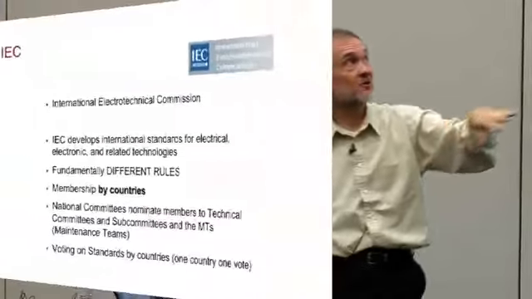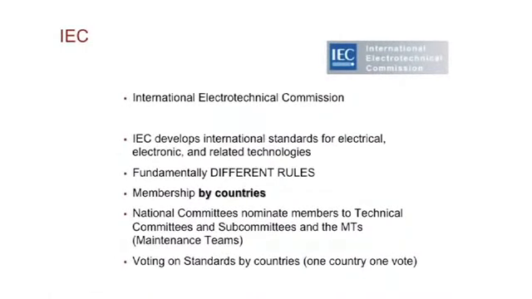So what you can do is, at best, go through your national committee if there's something in IEC that you like or don't like, or you want to be involved or you want to object. These national committees nominate members to what they call technical committees and subcommittees and the maintenance teams, again, to work on the standards.